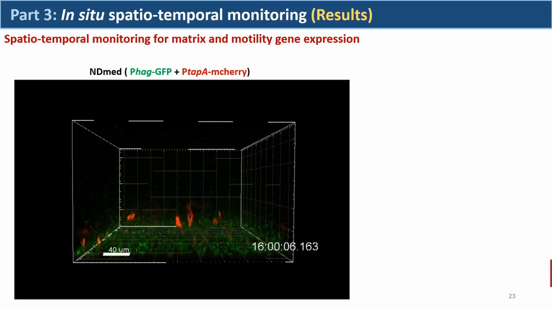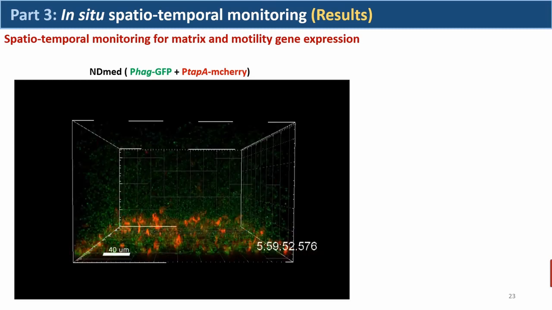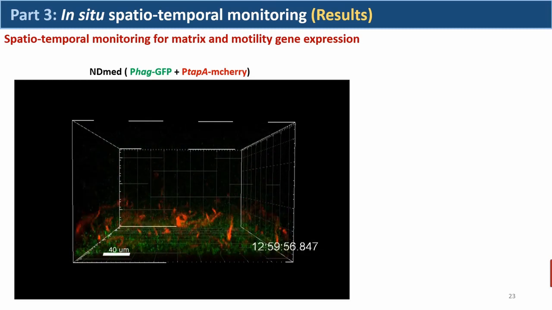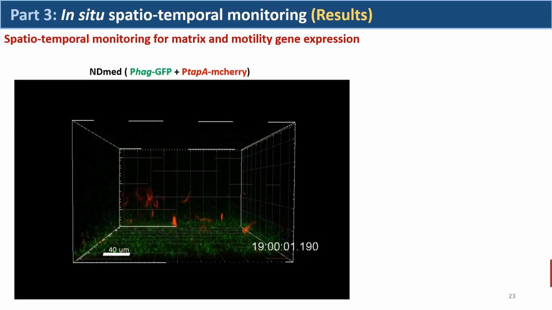In this movie, we can see that at the beginning we have a build-up of sessile chained cells with the production of matrix. Then after several hours, in this case around 5 hours, we have an explosion, or de-differentiation, from the sessile cells to motile cells. These motile cells then form the pellicle at the air-liquid interface.